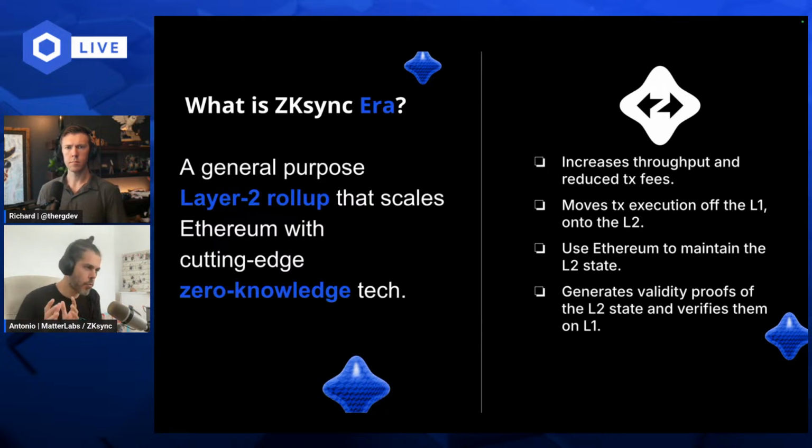So we generate a proof that after executing these transactions, we're getting this state, and we send the new state plus the proof to Ethereum, where the proof is verified, and if it's valid, we do a state transition. So the state of the layer 2 is kept on a smart contract on Ethereum, and it's where it's verified. That's why we maintain the same security guarantees. That's a super fast version of how rollups work and how ZKsync Era works.